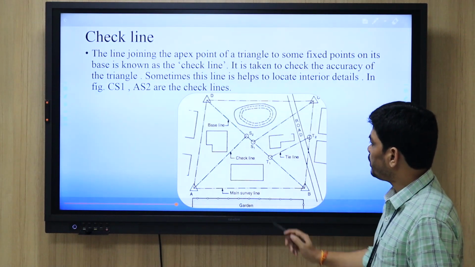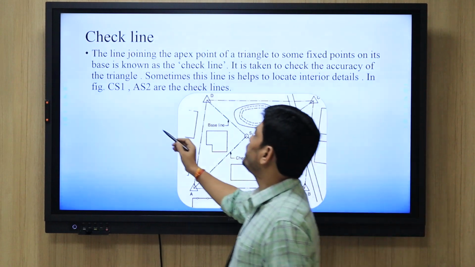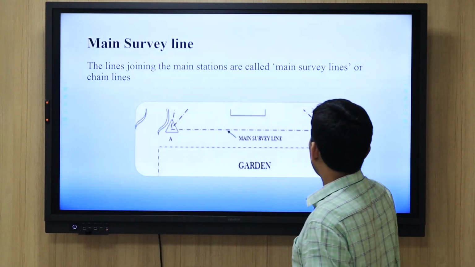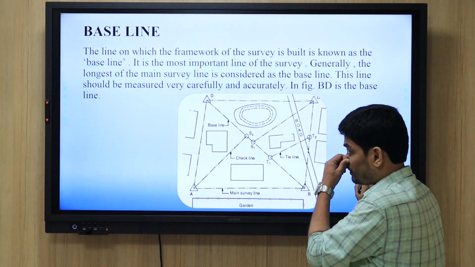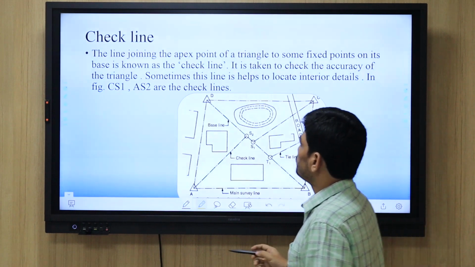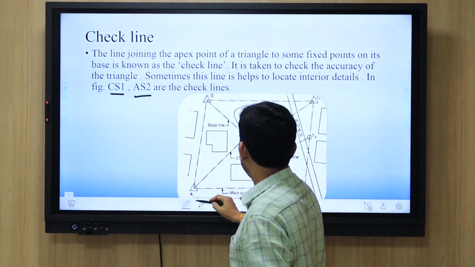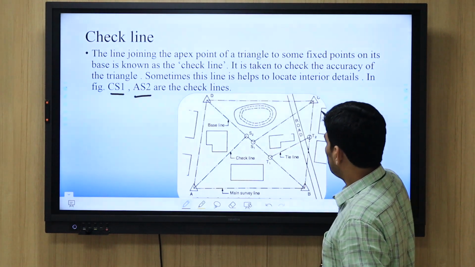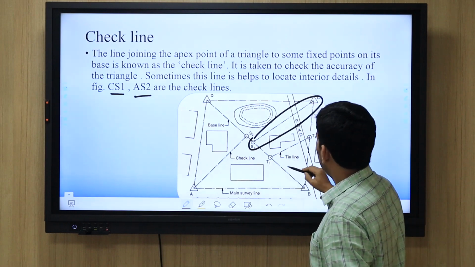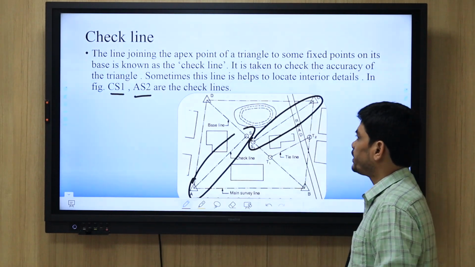Check line AS1, CS1, AS2. These two are check lines.